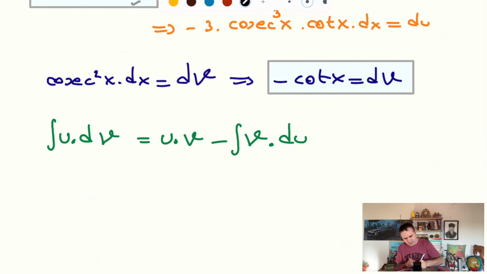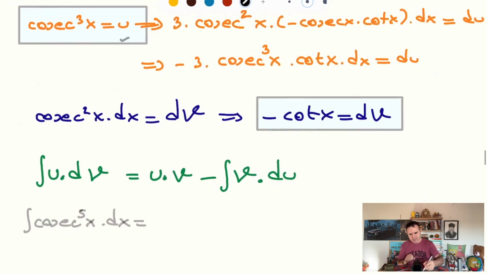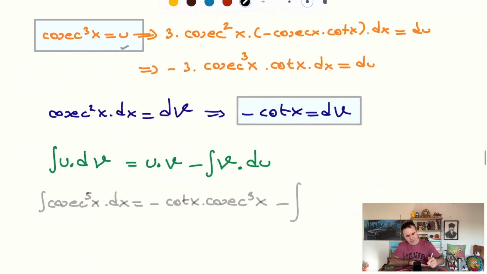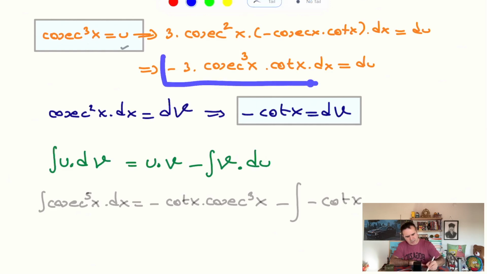Here we have the integral of cosecant to the power of 5x dx. U here is cosecant cube x, and v here is minus cotangent x, and u times v will be minus cotangent x times cosecant cube x minus integral of v du. V is minus cotangent x, du is this.